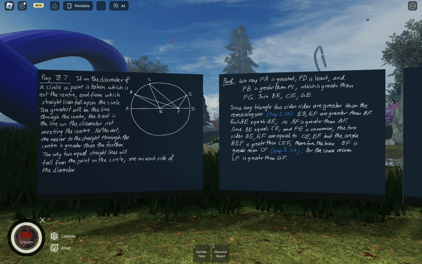Now we need to compare GF to FD, right? So since GF and FE are greater than EG, yep. And EG is radius, so that equals ED.